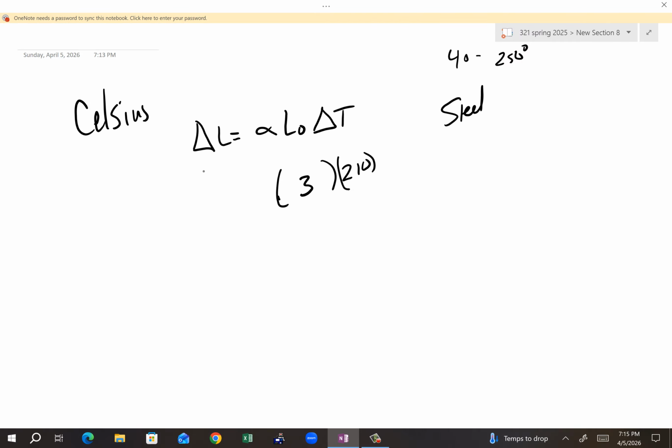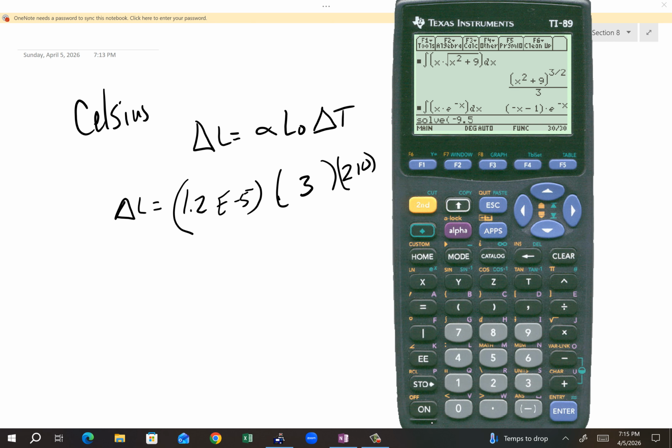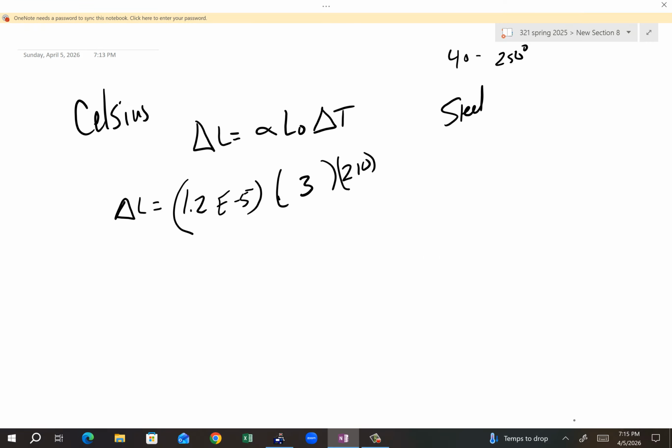If you're looking at the book on page 353, you will notice that only the top one seems to have the 10 to the minus 5, but it's actually all of them that have it. So just be aware of that. So if your piece of steel was 3 meters long, it's going to grow about 7.5 millimeters.